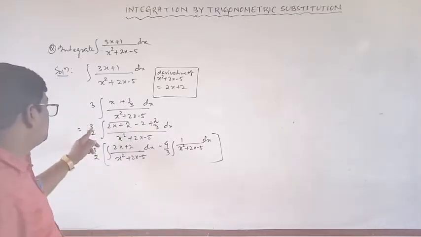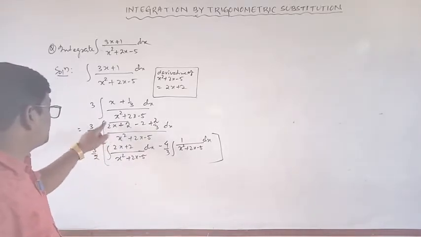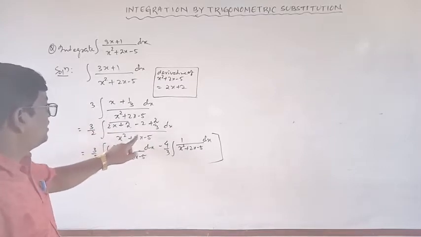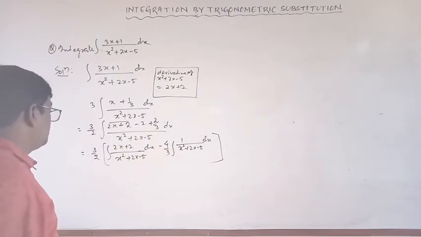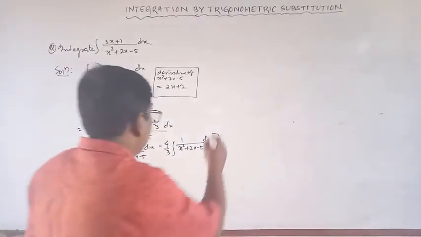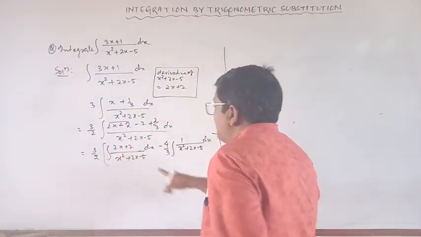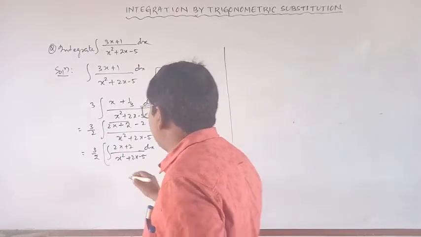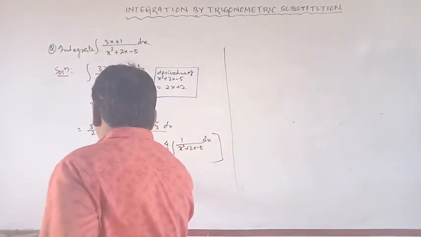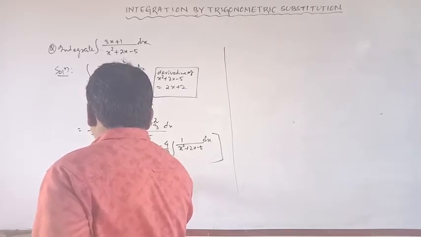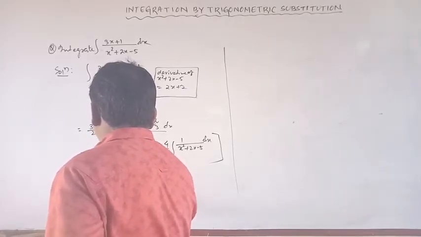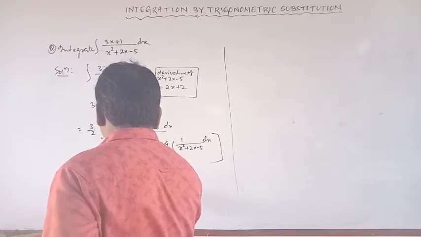So now this is equal to 3 by 2 into this factor, separate this by this, and this is minus 6 plus 2, minus 4 by 3, and this. Now this is f dash x by f(x). What is this formula? The integral of f dash x by f of x dx is log fx plus c.